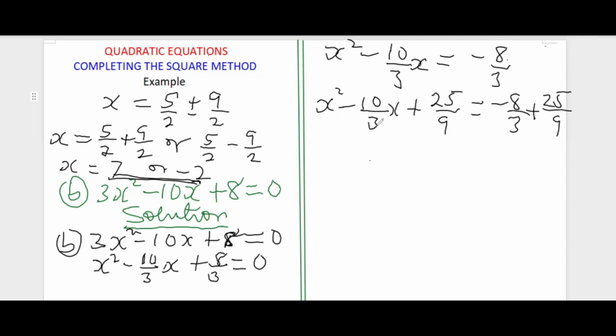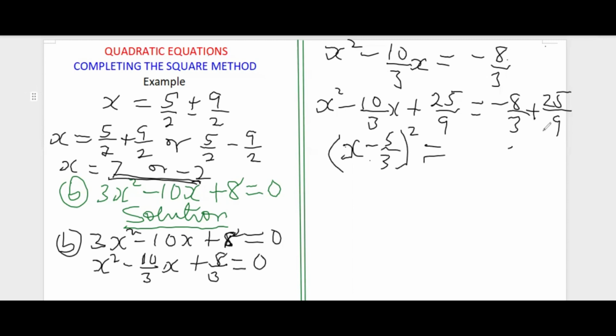So how do we factorize a perfect square? Just pick the letter, and half of this, minus 5 over 3. Also, for this one, simplify.